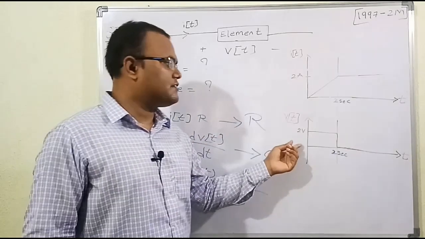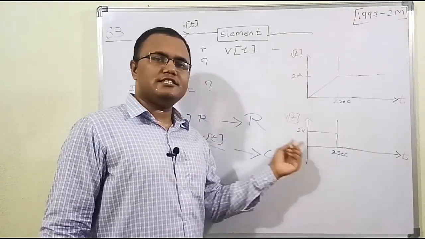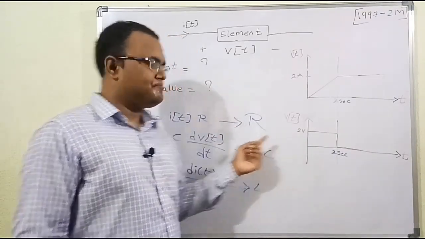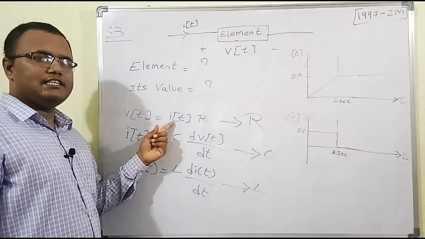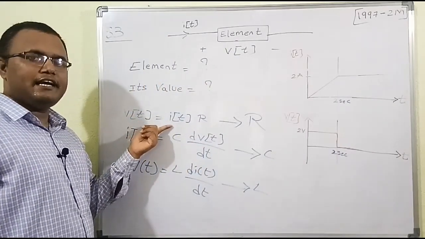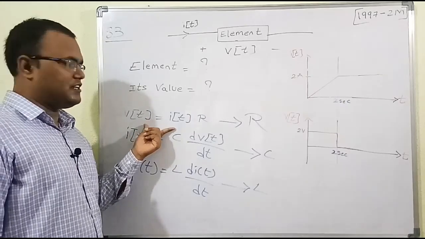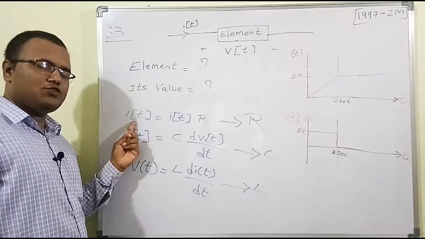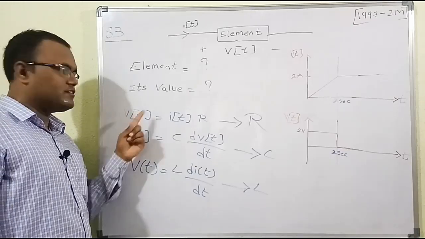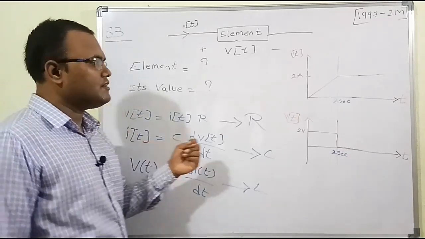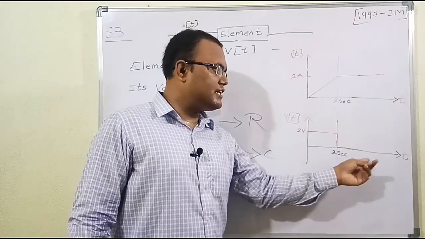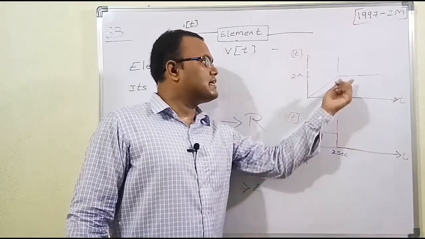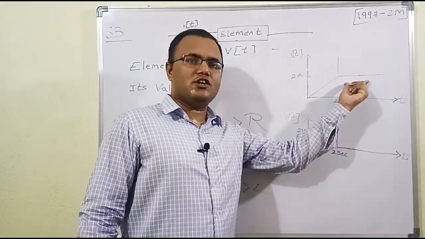If you see carefully, from 0 to 2 seconds the voltage is 2 volts. For a resistor, voltage and current are directly proportional. So when the current is 0, the voltage also has to be 0, and if the voltage is 0, the current has to be 0. But after 2 seconds the voltage is 0 while the current is not 0.